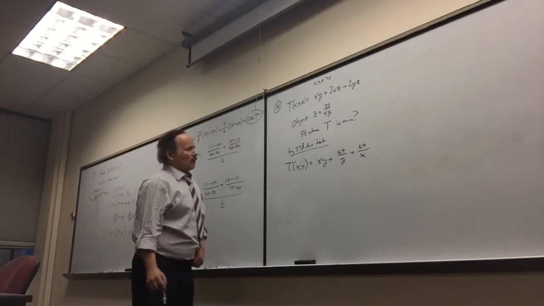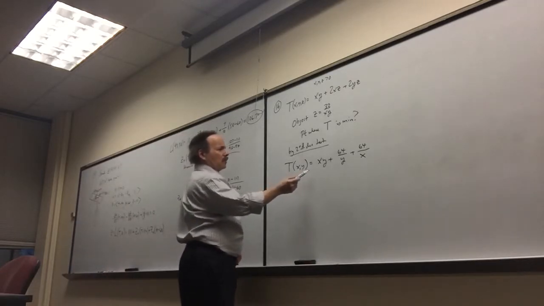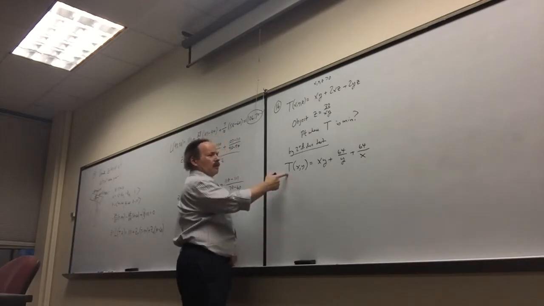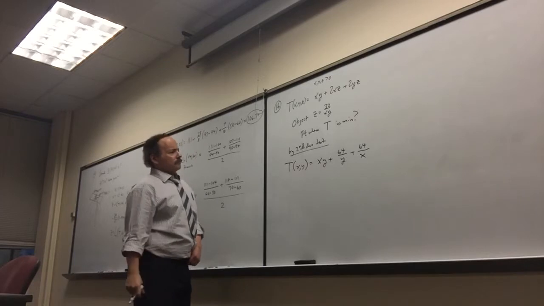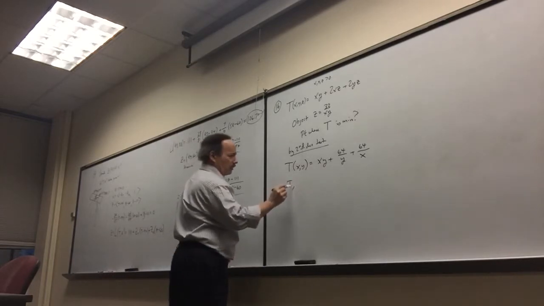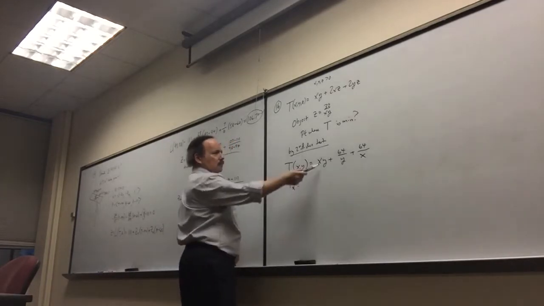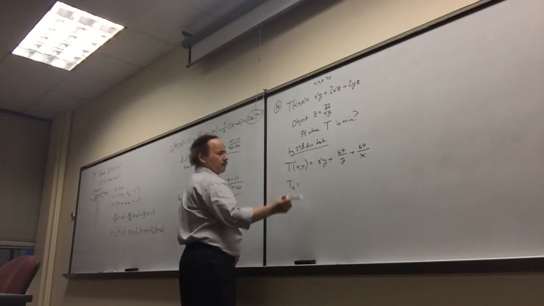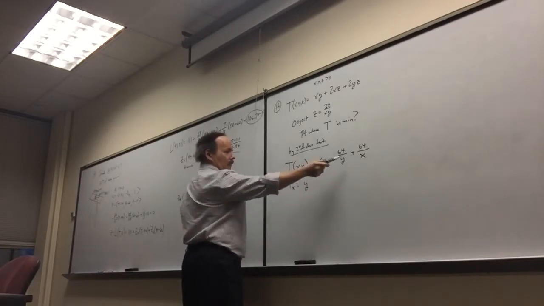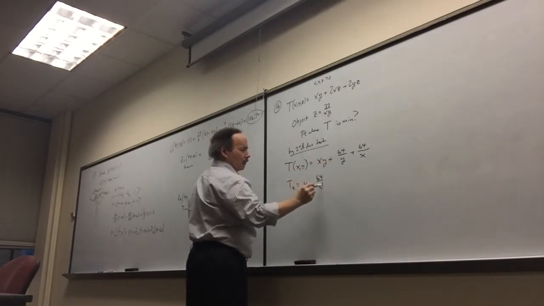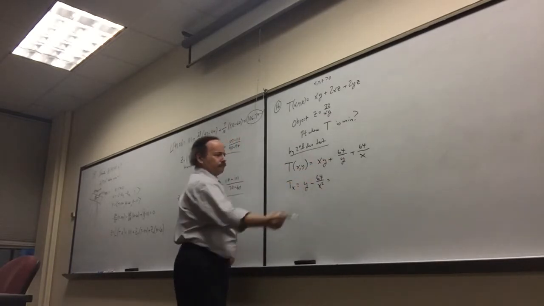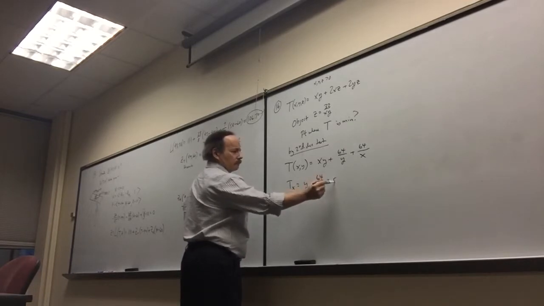All right, so now, what was the next thing you have to do? We have this. What do you need to do now? Partials of x and y. Yes, T sub x. What is T sub x? It is y minus 64 over x squared. Set it equal to 0.